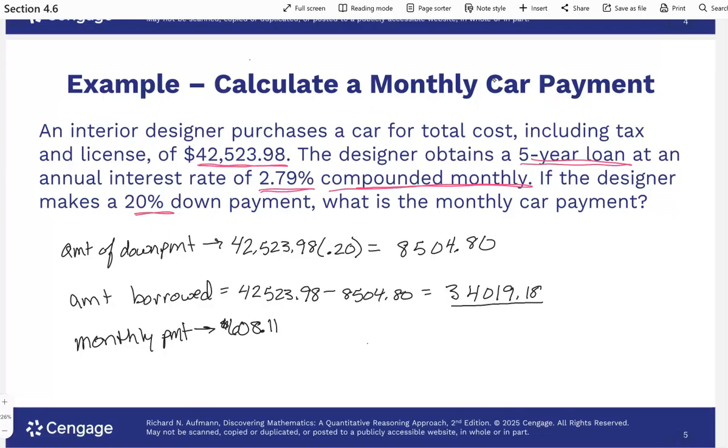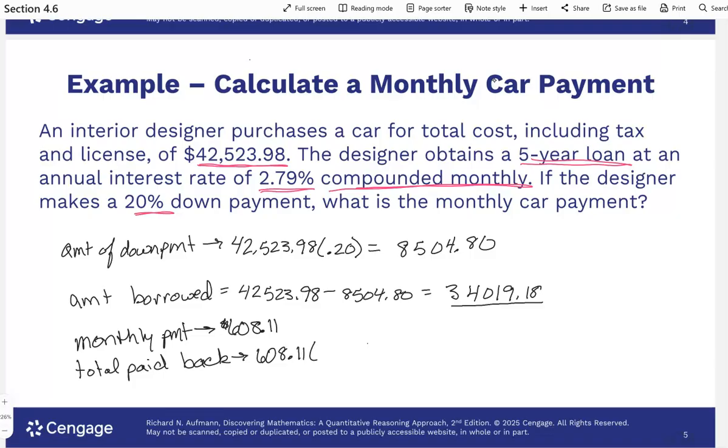So let's figure out the total paid back. Because it's going to be more than this, because the bank's going to include interest on top of that. That's how they're going to make some money. So we're going to take that payment and multiply by how many payments we have.